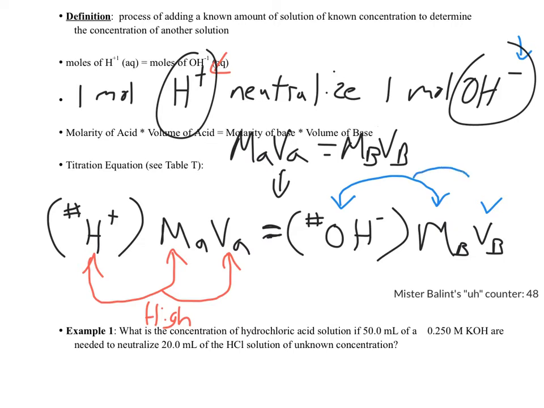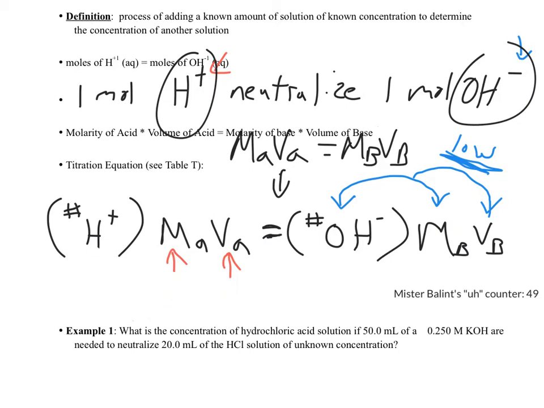And maybe I don't even have a lot of base. Maybe I only have a little bit. We would then be able to ideally understand how strong the product is. Obviously, we're going to wind up with something more acidic because all of my acid concentrations and volumes are high, while all my base concentrations and volumes are low. That's the short explanation here.